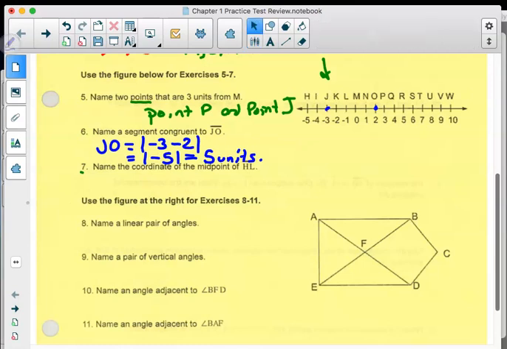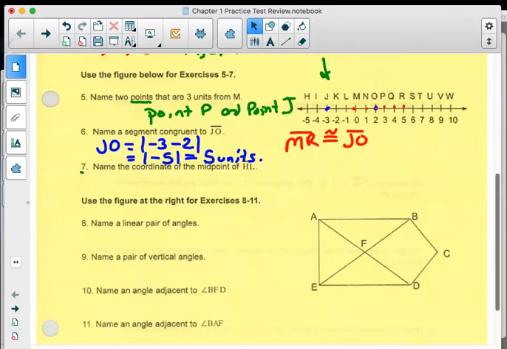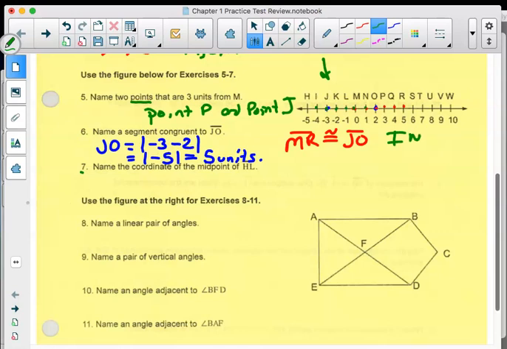Now, to emphasize this, if I just start here at M, 1, 2, 3, 4, 5, MR is congruent to segment JO. But looking at a green segment, if I started there, 1, 2, 3, 4, 5, segment IN is also congruent to segment JO.